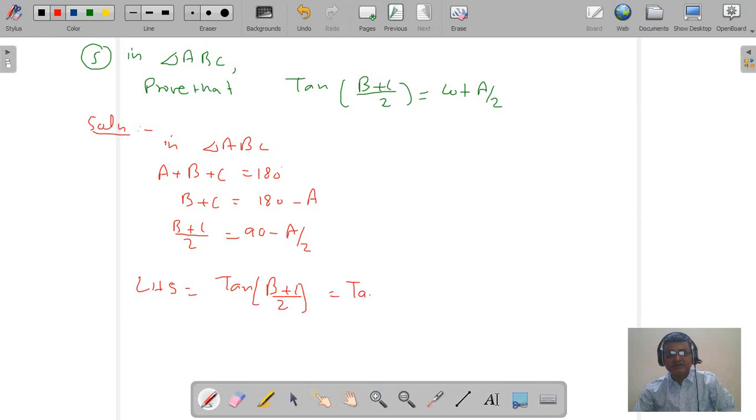So we are putting the value of this as tan (90 minus A by 2). So using the half angle formula, this will be equal to cot A by 2. So you can see this is a fantastic method to use this complementary angle formula to find the solution. Now we are moving to the next question.